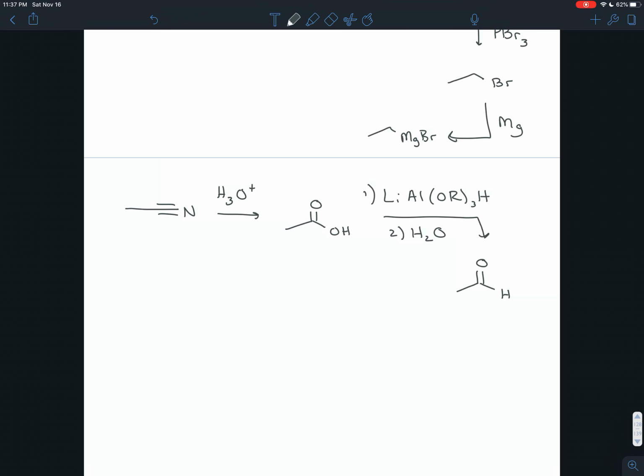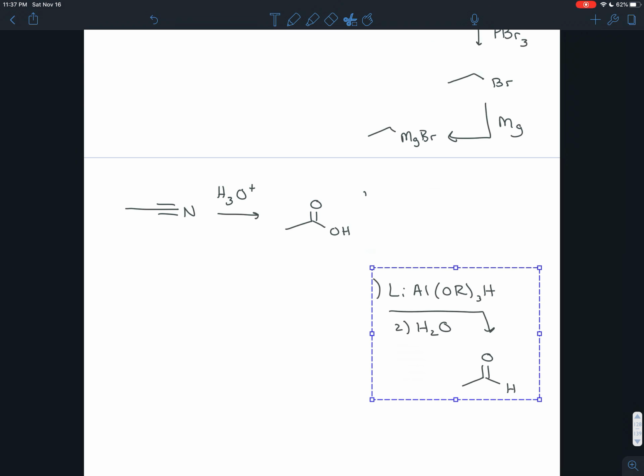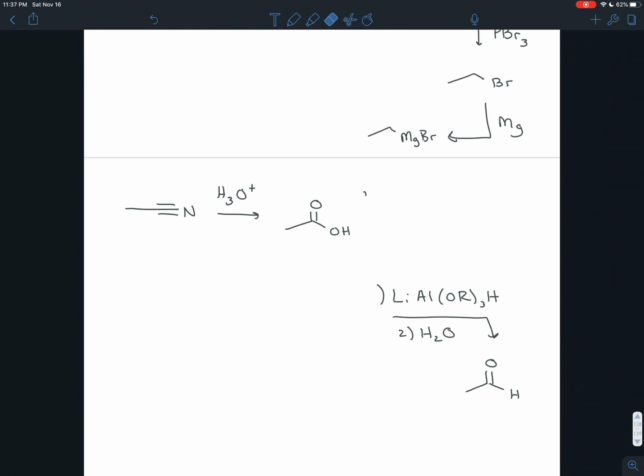Now, the truth is, if you wanted to increase the efficiency of that reaction, you might want to turn this into an acid chloride first, because this hydrogen nucleophile is not that strong.